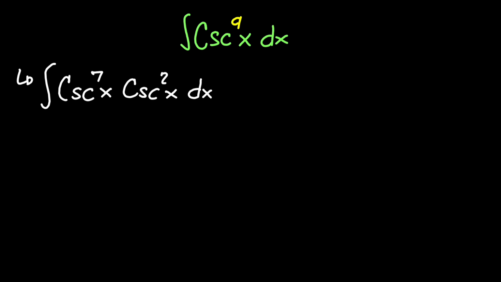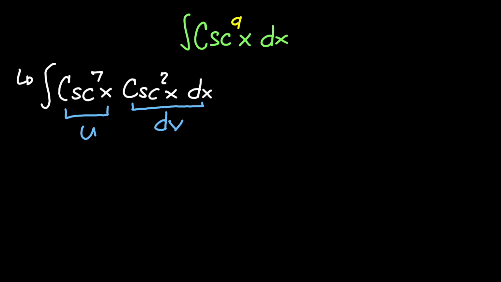And the difference between whether the exponent is odd or even, when we have an odd exponent, we would then need to use integration by parts. And this is where we need to have the factor cosecant squared of x, because we will be combining this with the dx, which will be the dv, and u here would be cosecant to the power 7 of x.